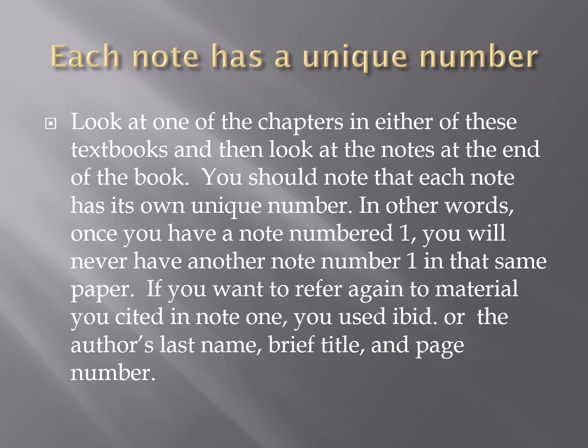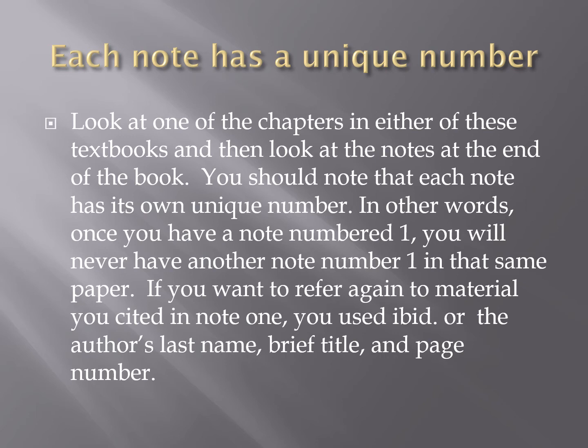If you look at one of the chapters in either of the books, either Horton and Horton or Gilderhus, you'll note that each note has a unique number. In other words, the first note in the back of the book for that chapter is numbered 1, and you'll never have another note number 1.